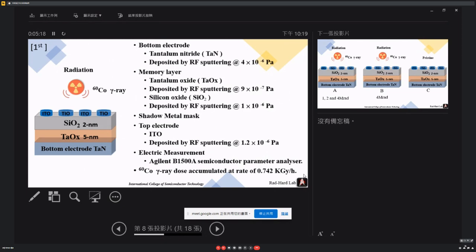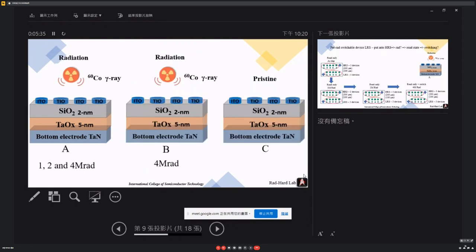Later I studied this device for radiation effects. We go to radiation with accumulated doses of 1, 2, and 4 mRad, at a rate of 0.72 per hour. With the same structure, I have three devices: same structure, same optimization, same everything, but I fabricated three devices.